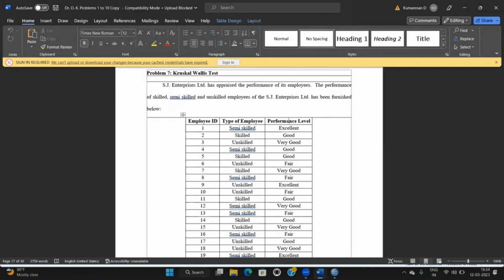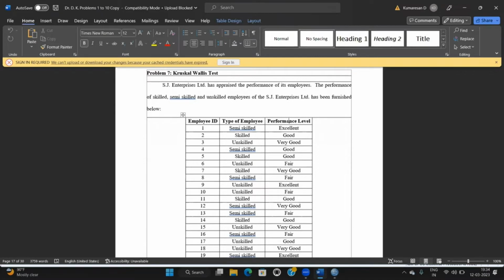So the similarity is more than 2 groups. Difference is scale data for one-way ANOVA, ordinal data for Kruskal-Wallis test. So if the data available is scale data, straight away you can go for ANOVA, one-way ANOVA.